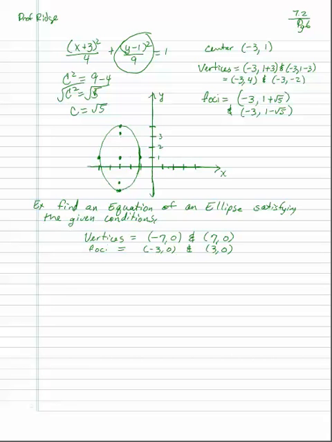Okay, let's do one more example. It says find an equation of an ellipse satisfying the given conditions. First of all, we notice that the center is the midpoint between these 2 points. So the center is the midpoint between the vertices, and the foci too, also.